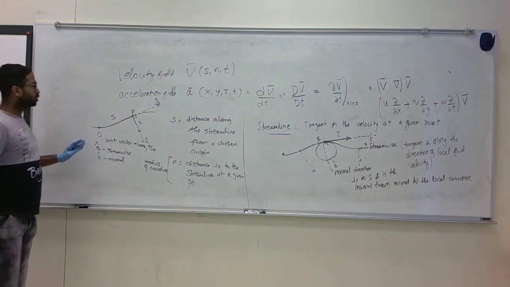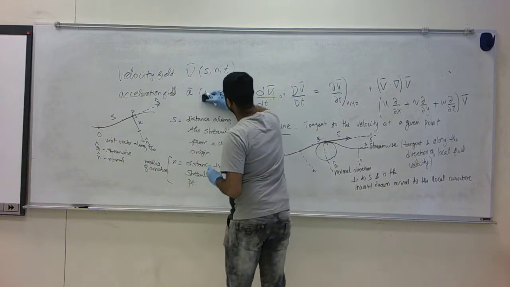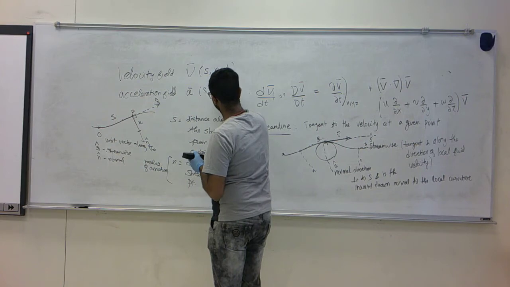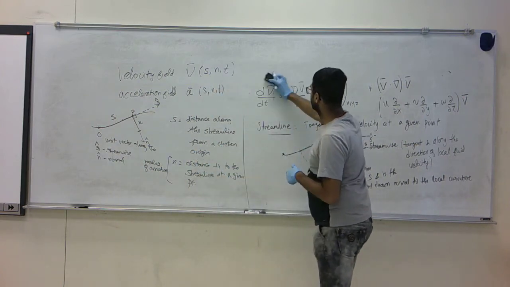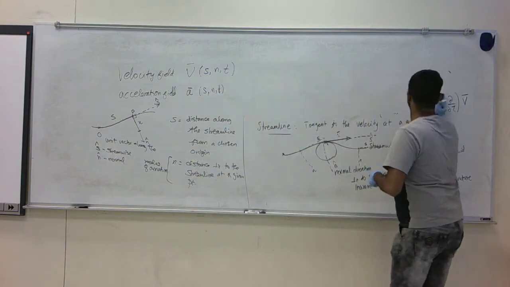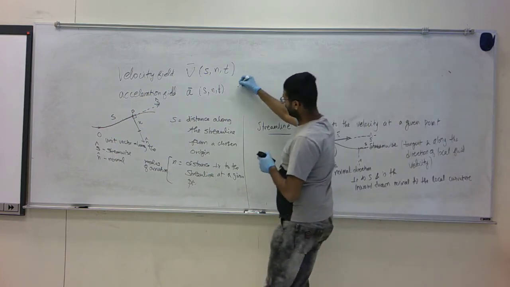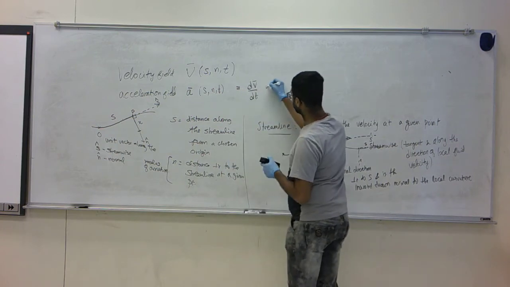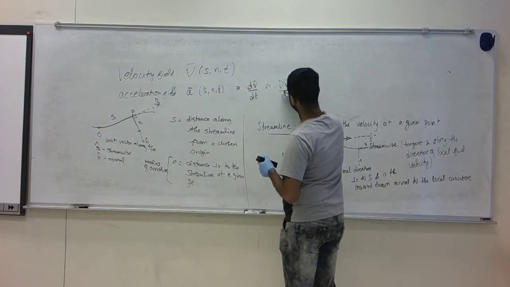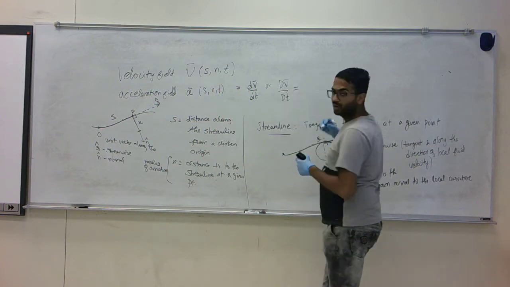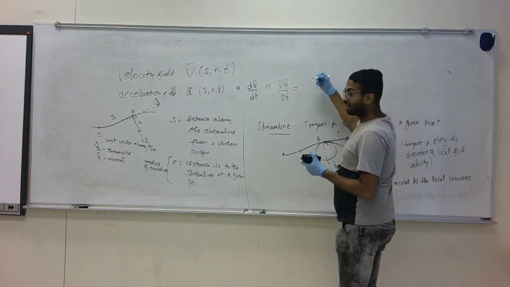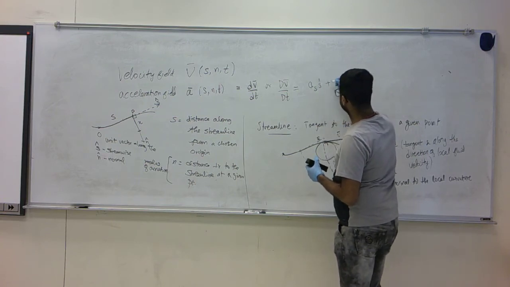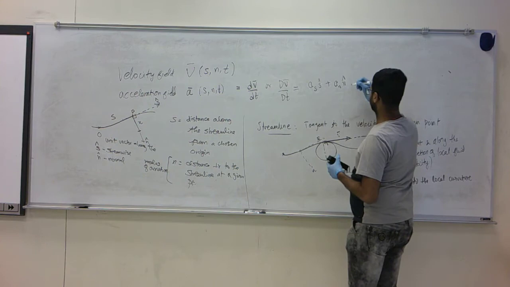With this notation, I can write the acceleration vector as also a function of S, N, and t. Vectorially speaking, this is still the total derivative of velocity with respect to time, and we wish to have it written as a streamwise component of acceleration plus a normal component of acceleration.